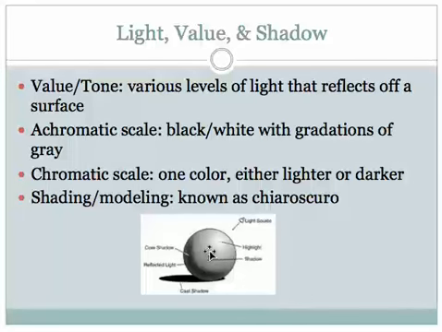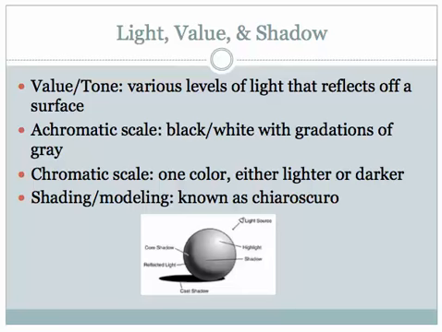It will grow darker until we get to the back side that's opposed from the light itself, and then you have a very dark hue. Okay, and then you have the shadow that is cast by the ball itself down here. Okay, different types of light value that we'll see.